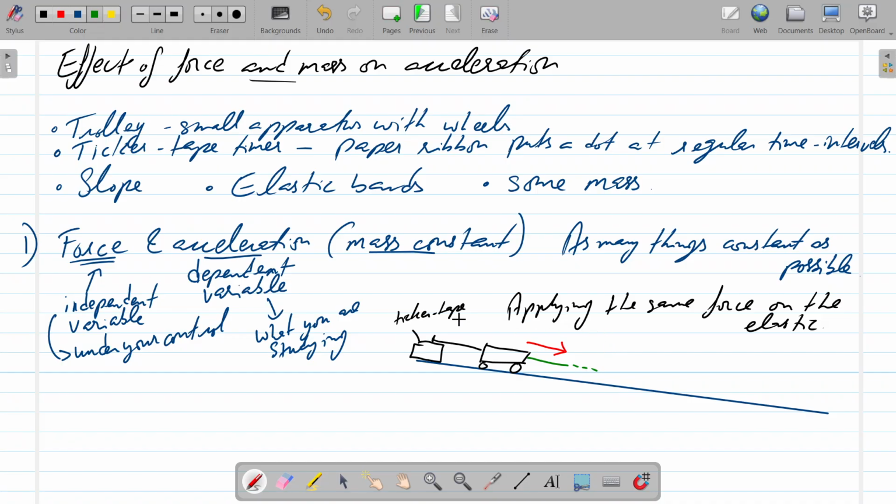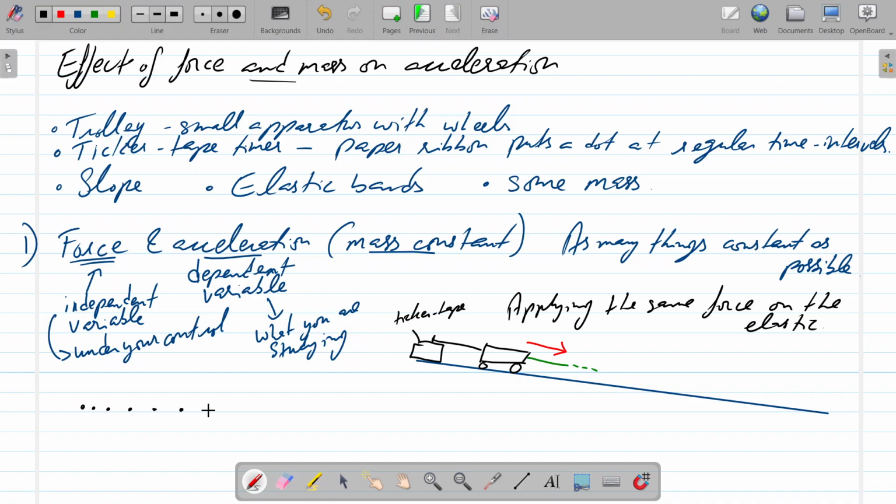So force and extension. You keep the force you're applying on it the same for the length of the slope. And as the trolley moves, at a regular time interval, for example every second, the ticker tape puts a dot on the tape. And what you'll notice is that, because you're applying a force on the trolley throughout, the dots on the ticker tape are first close together and then they start spreading out.